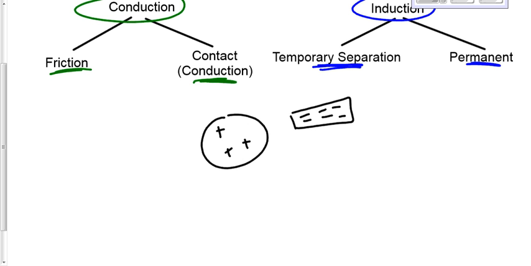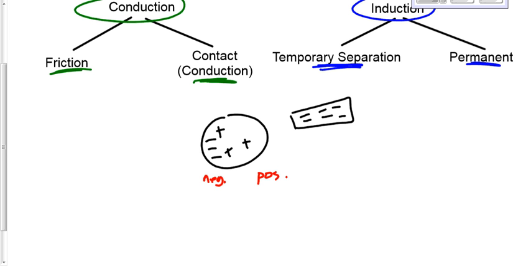But Alex, those negatives aren't going to stay where they are, are they? What happens to them? Yeah, they're going to be repelled by the negatively charged object and go over to this side. So that leaves us with the separation of charge, we call it. One side is negative, and one side is positive. It's still overall, our object is still neutral, right?